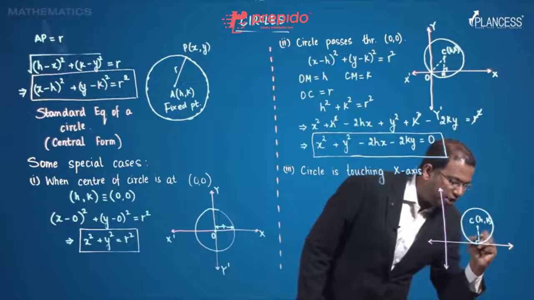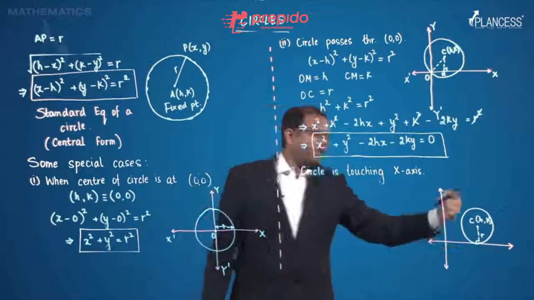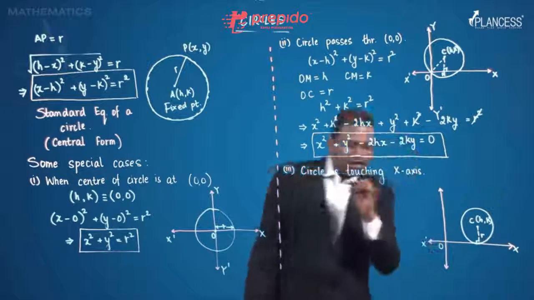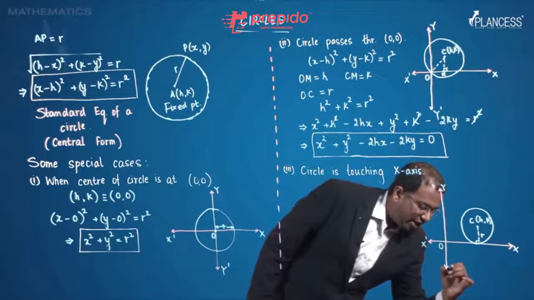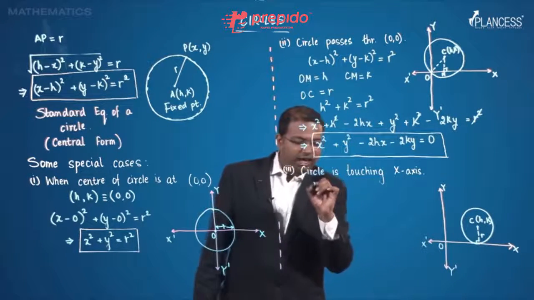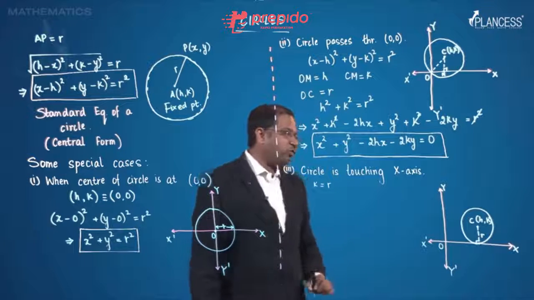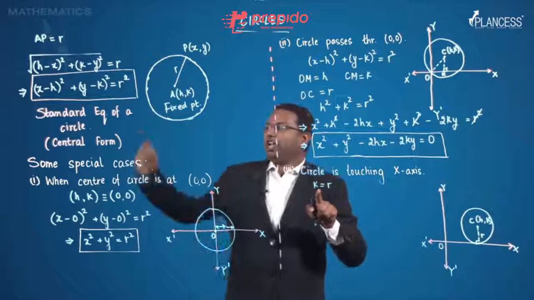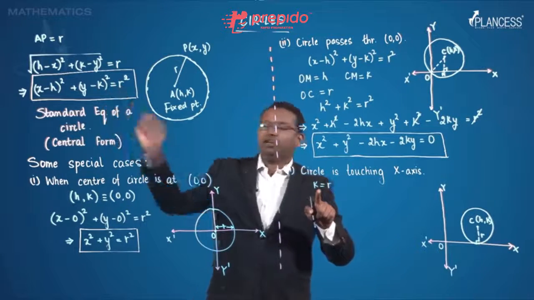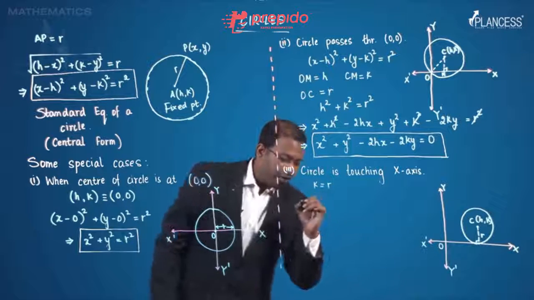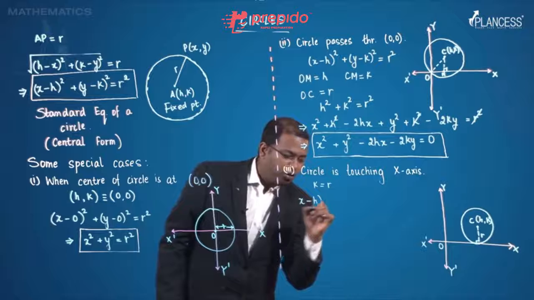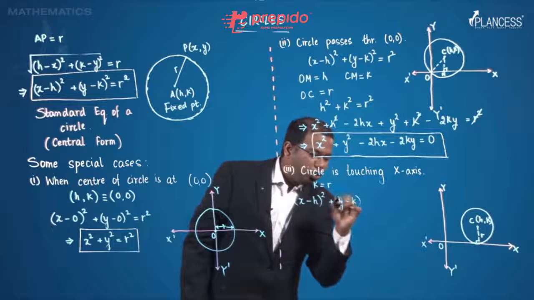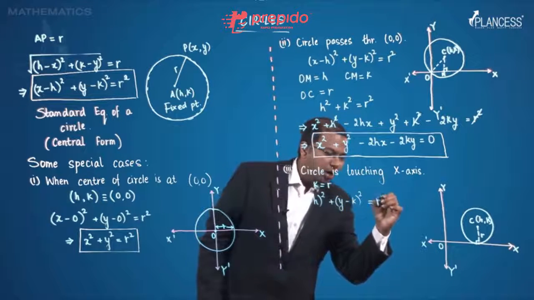So this perpendicular distance is r. Now from the figure you can easily make out that the constant k will be equal to r, which is the y coordinate. Now if we use this value in the standard equation of a circle, let us see what do we have. So we get x minus h whole square plus y minus k whole square equal to r square.